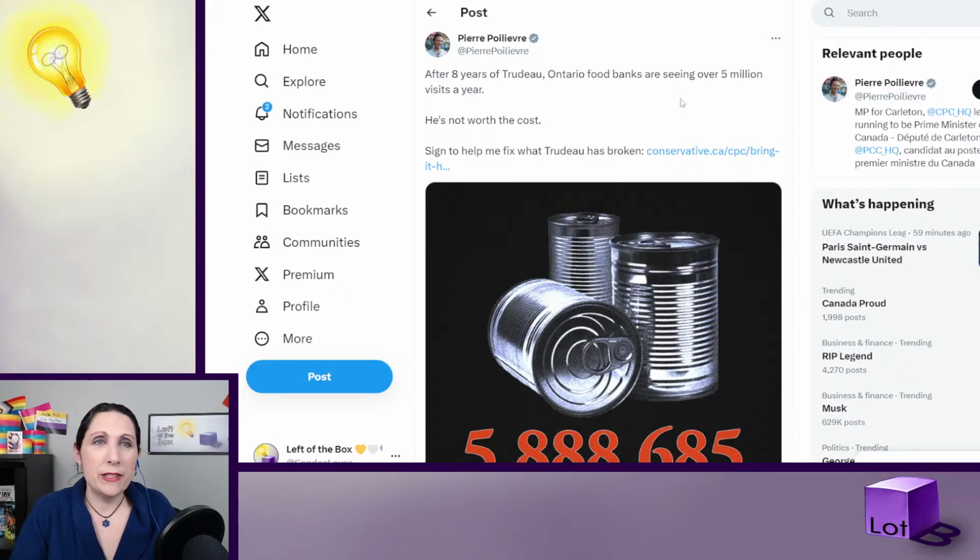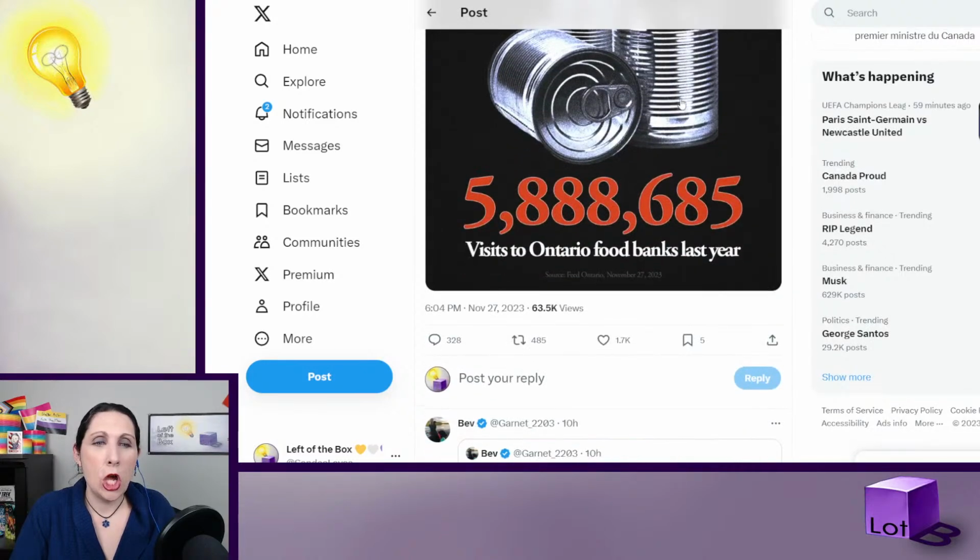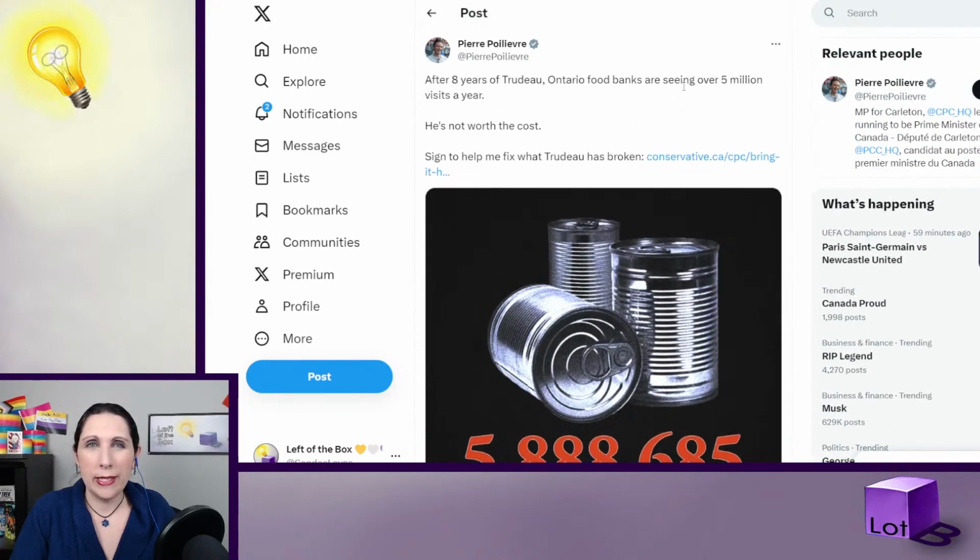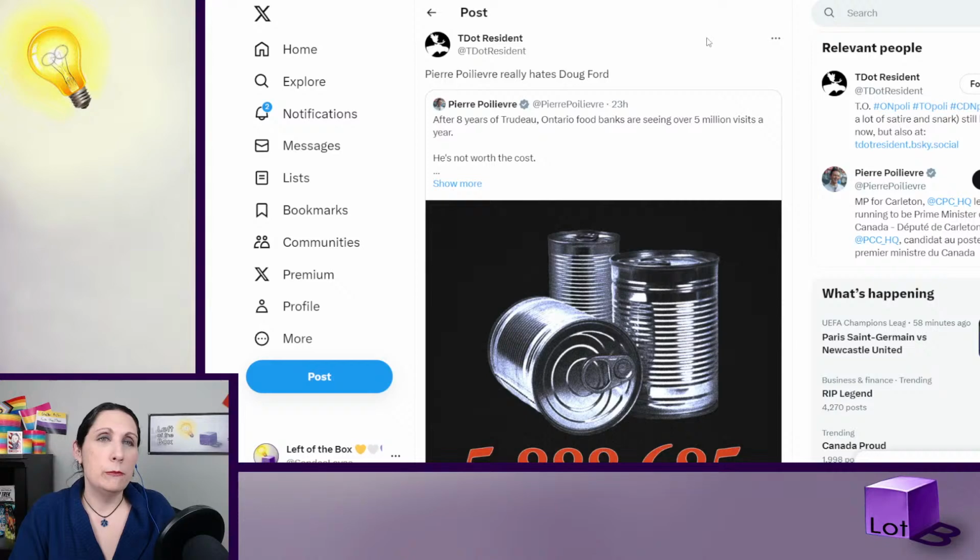And a lot of people believe this because most Canadians are not plugged into how Canadian politics works and what falls under where. But when you say Ontario food banks, that's a good indication that maybe this is Ontario's responsibility, as opposed to saying Canadian food banks. That's a good indication of where that falls. But again, Pierre Poilievre lies.